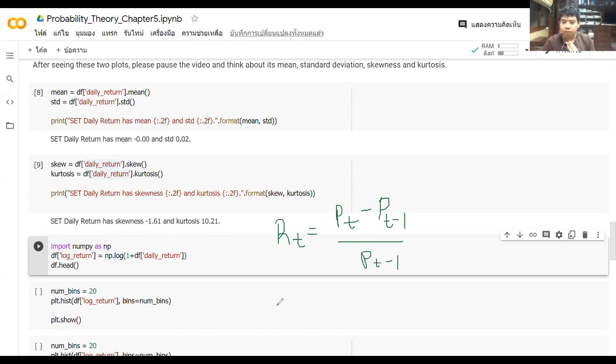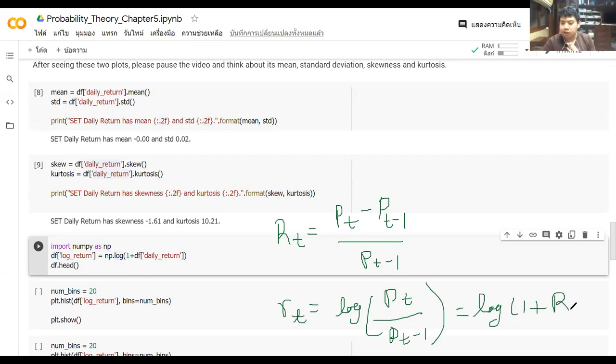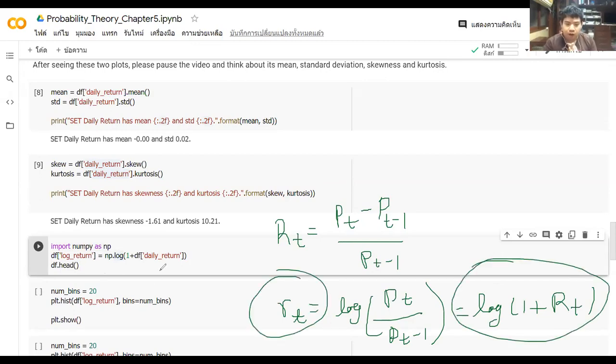But the log return is the logarithm of p_t over p_t minus 1, or in other words, the log of 1 plus the gross return. So we are going to use this formula in order to find the log return here.